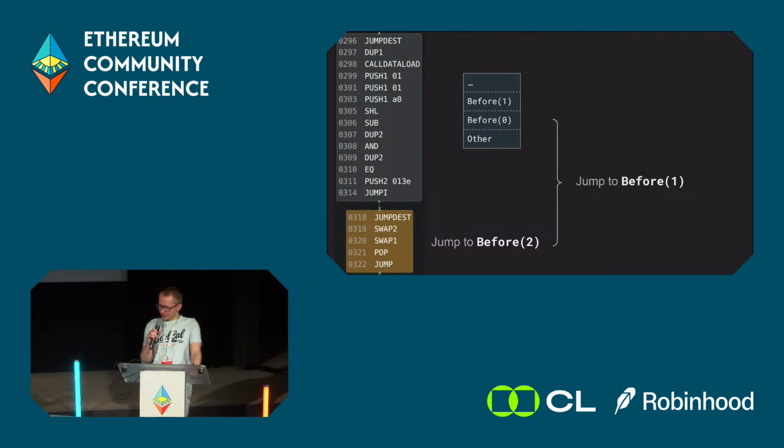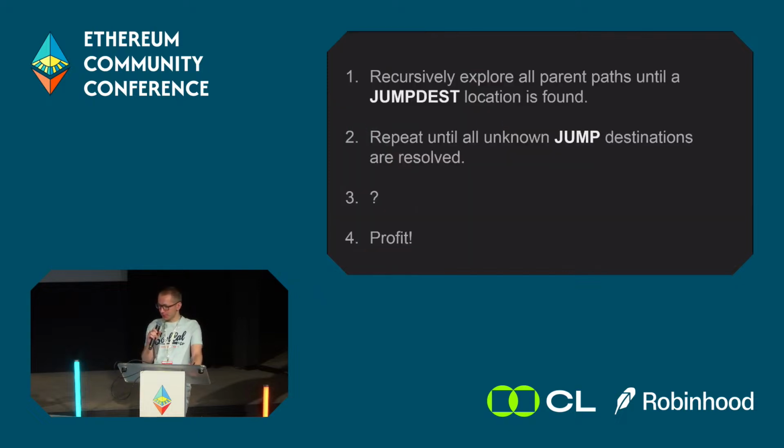So in this example, you can see that the last block jumps to something which is before 2, and in the stack result for the parent block, the before 2 element is before 1, so we need to jump to before 1 of a parent block, and so on. So basically, the algorithm recursively explores all parents until we find a definite jump destination. So we find the output destination of this block.